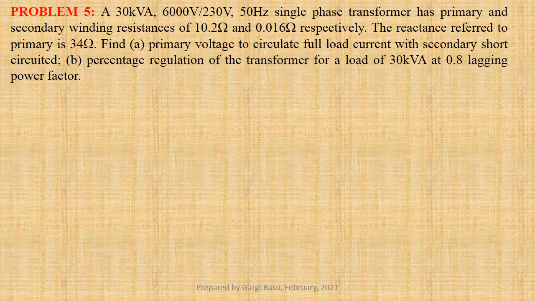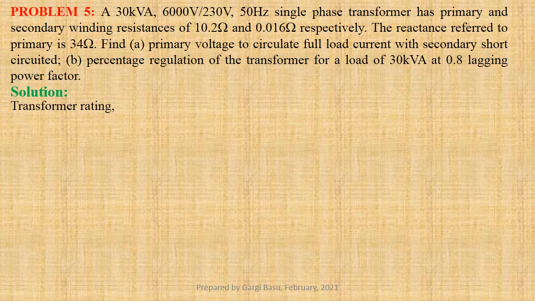We have to determine the primary voltage to circulate full load current with secondary short circuited. We also have to determine percentage regulation of the transformer for a load of 30 kVA at 0.8 lagging power factor. Let us first jot down the given data.